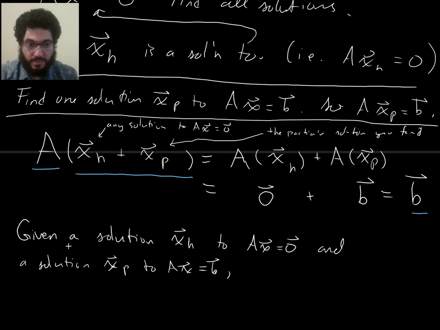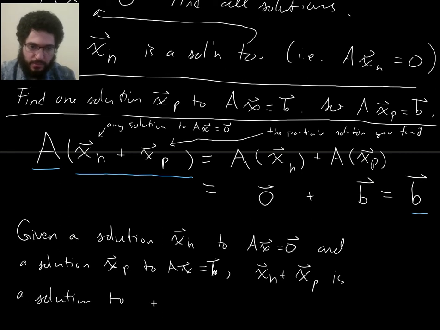Given any solution x sub h to Ax equals 0, the homogeneous system, and a solution x sub p to Ax equals b, we have that x sub h plus x sub p is a solution to the original non-homogeneous linear system, Ax equals b.